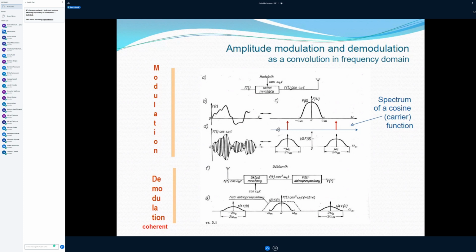So this is the best proof that our natural code frequency spectrum is located in the baseband.